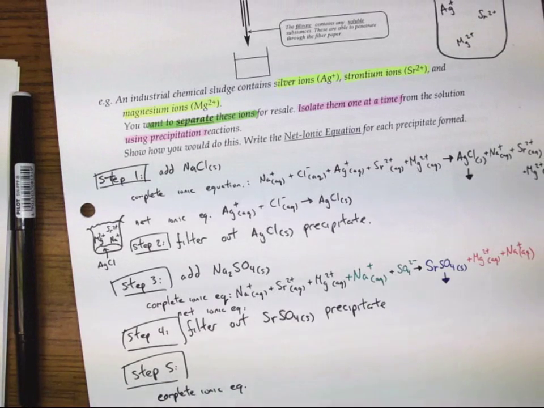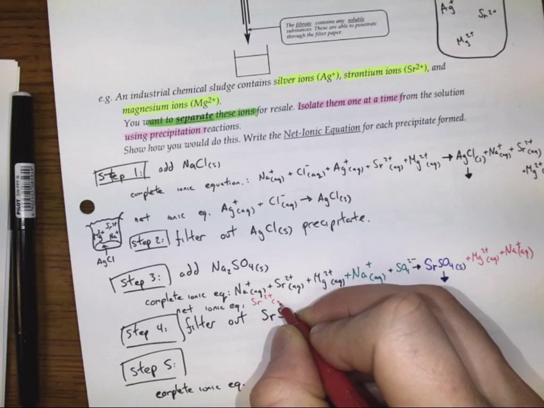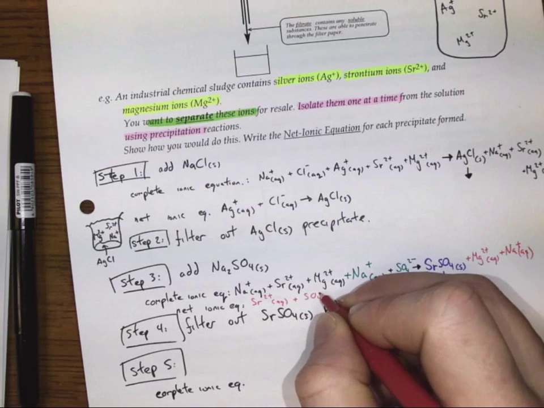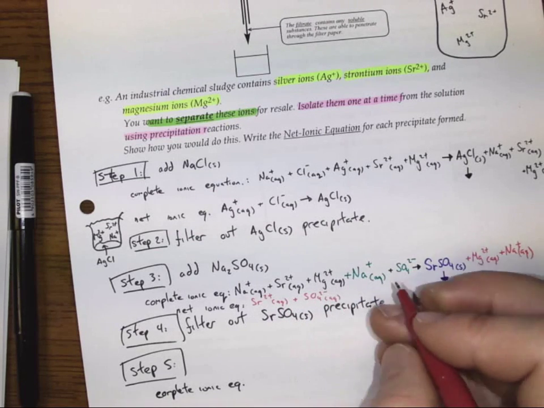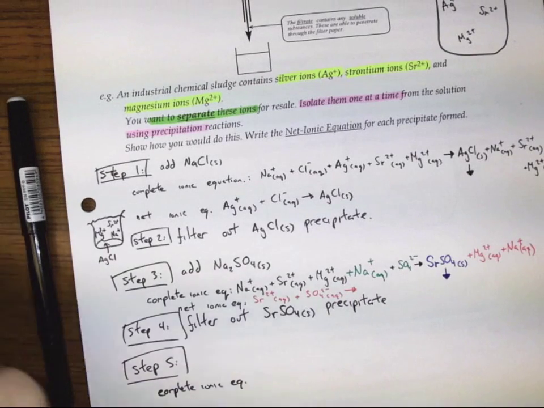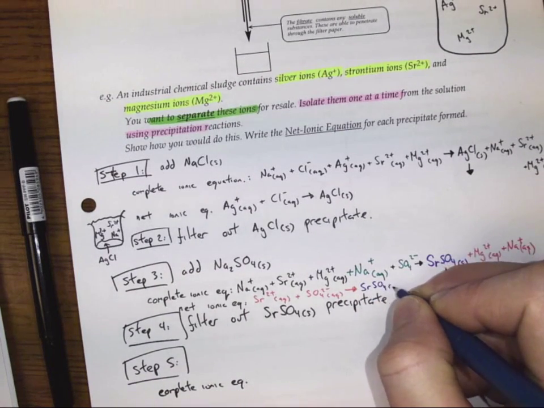I wish I'd realized that. So that's our strontium ions plus sulfate ions, and those mix together to form, in blue pen, there it is, strontium sulfate solid.